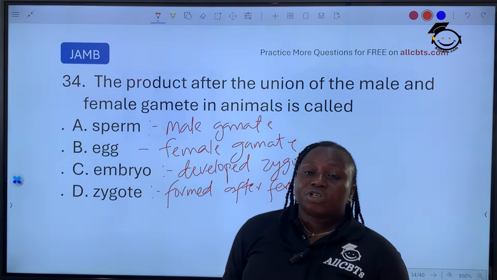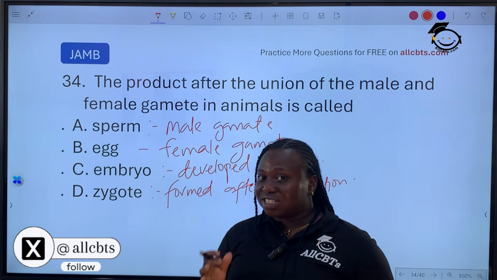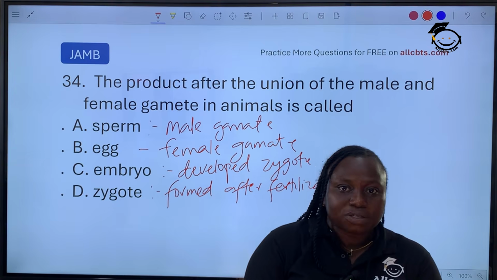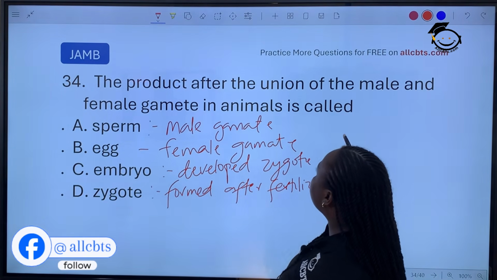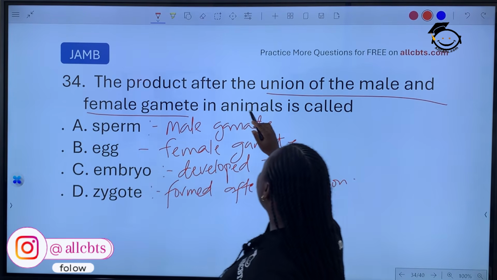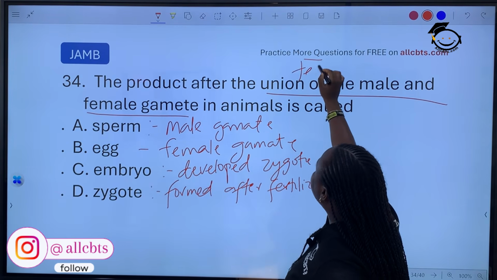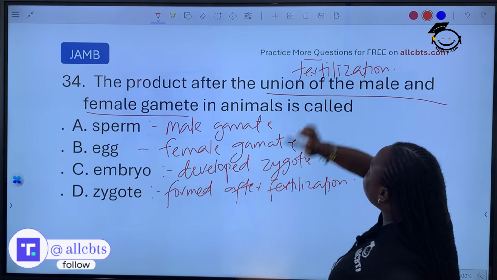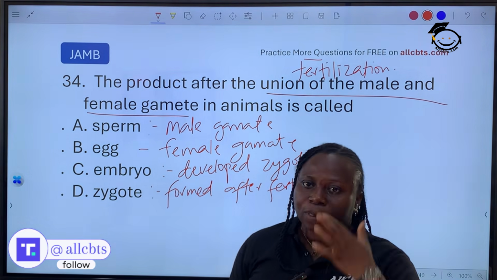Now, how do we define fertilization? We define fertilization as the union of the male and the female gamete. So if I want to restructure this question, I can just say that the product after fertilization is what? Simply.